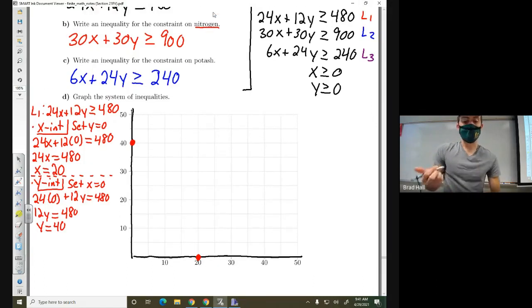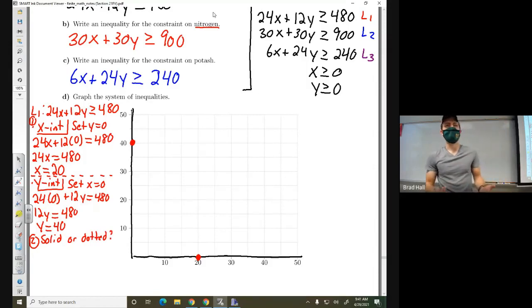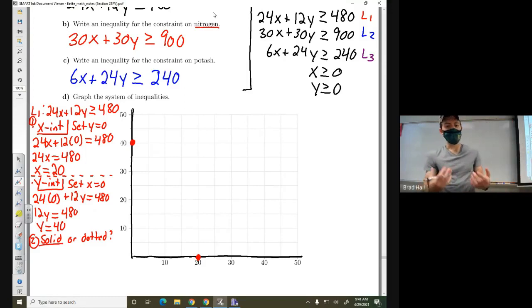Next, we ask ourselves, is the line that we construct going to be a solid line or a dotted line? That was step 1, and this one is step 2. The answer is the line's going to be a solid line, because the inequality that we are analyzing here has an equal to part.